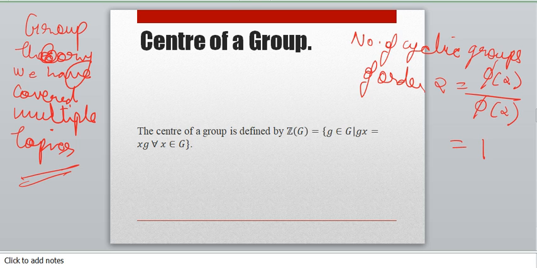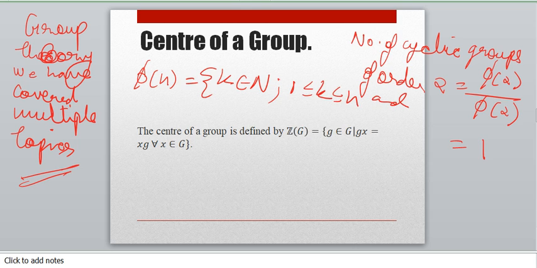So something like that, where Euler's phi function was given as phi n is equal to the number of k belonging to natural numbers, 1 less than or equal to k, which is less than or equal to n, such that gcd of k comma n is equal to 1.